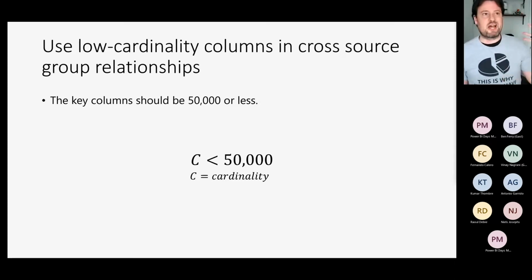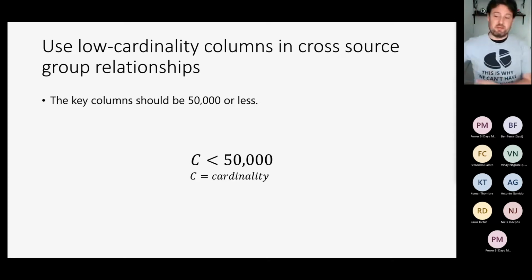Let's imagine you have table A that has only unique values on one side, and then it relates to a many side on table B. Table A needs to have a maximum of approximately 50,000 items. Of course, it won't break with 50,001, but if you go to 500 million, this is way above what we in general advise you to do. We won't stop you from doing it, but we don't advise you to go over this number.